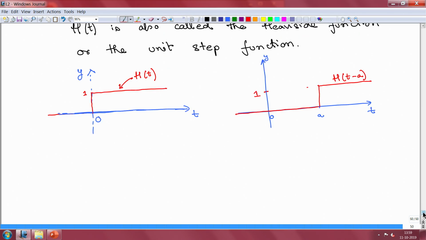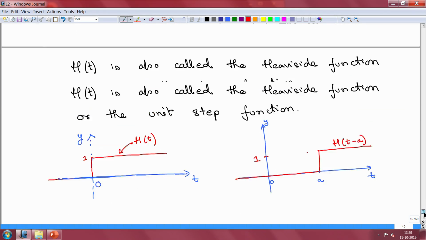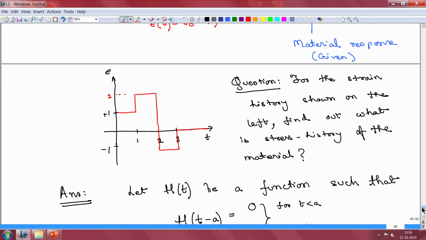Okay. So, to do that, let me see if I have space here. Maybe I will just try to fit it in right here. So, this function can be thought of as being equal to h(t) plus h(t minus 1).